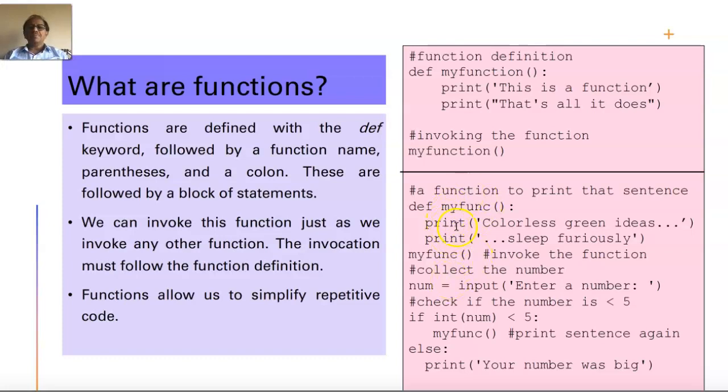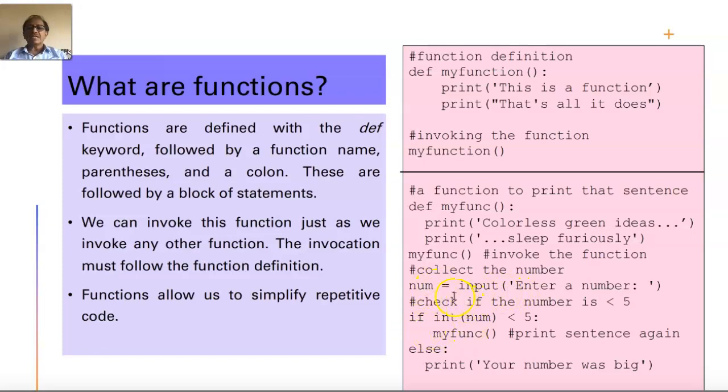Now, how do we know that this is avoiding repetition? Look at this. Num is a variable and we are assigning a value. How are we assigning the value? We are getting a number from the user through input. We have already used this in our last class. Input, enter a number, then the user gives a number which will be assigned to the num variable.